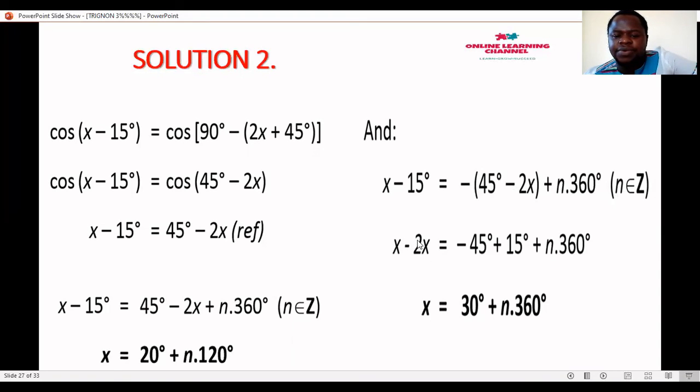And then you solve for x here, then it will be x this side, and then negative 45 and we'll add 15 and plus n multiplied by 360. So your x will be equal to 30 plus n multiplied by 360. So this is simple. You just use your calculator here.